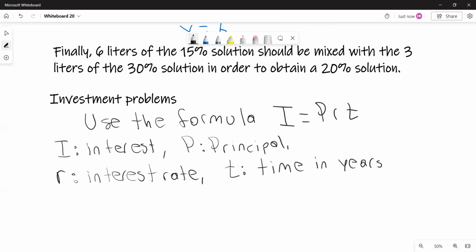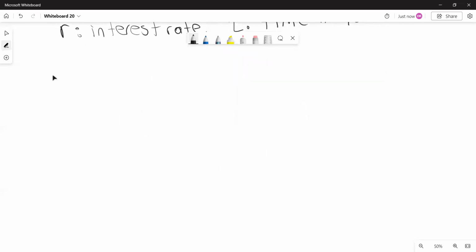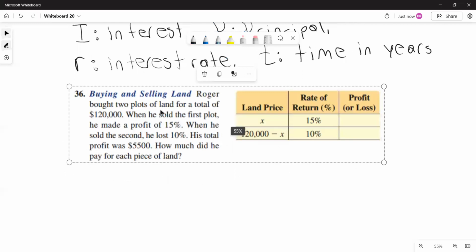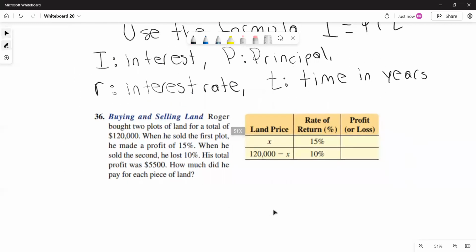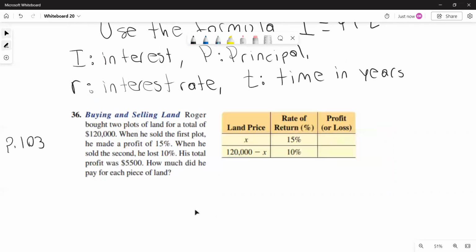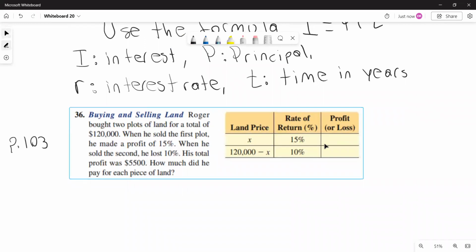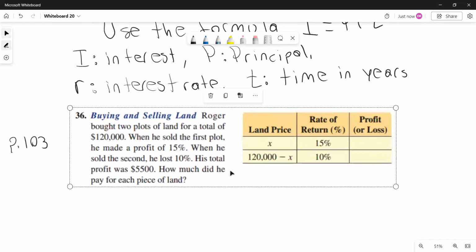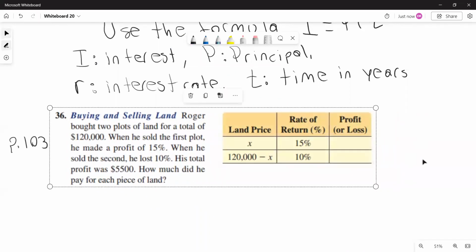Okay, we're doing number 36 on page 103. And actually, they give you already the table, but I'll explain to you where this table is coming from. Roger bought 2 plots of land for a total of 120,000.